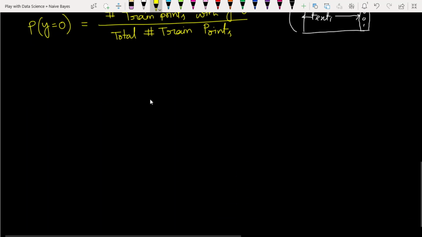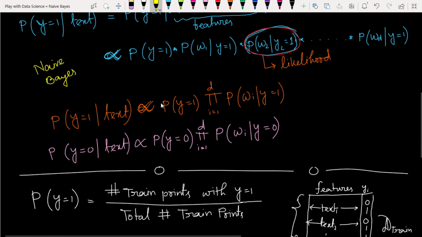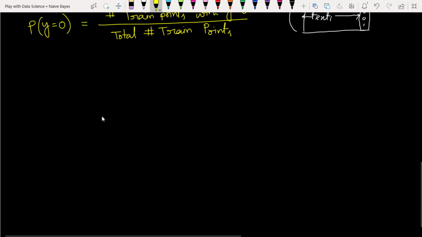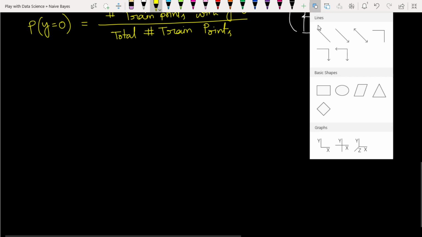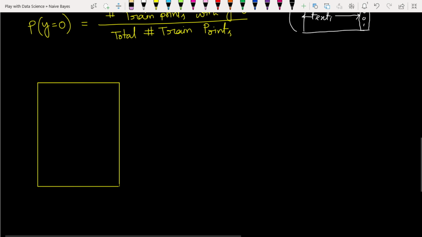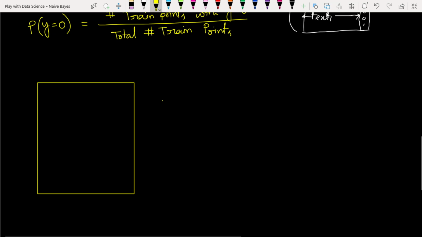Before calculating the likelihood, we have to use some trick on our data set so that we can easily calculate our likelihood. So let's see how we will manage our data set. Suppose let's draw our data set, and in this data set, suppose this is our query point.